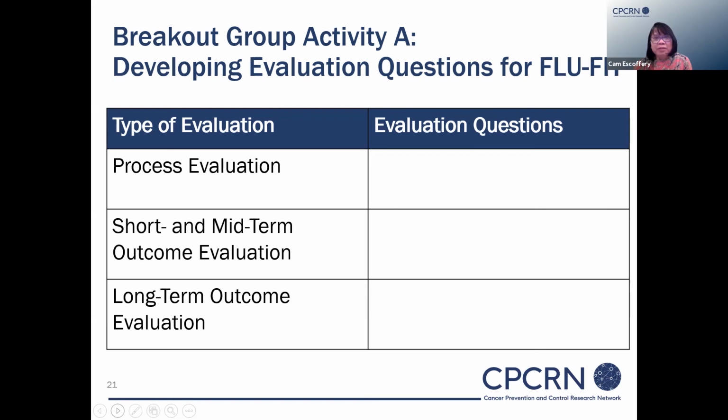So I'm going to give you a minute to get into the different working groups. This was also one of the handouts that you received yesterday. So you can either write down on that handout or on a piece of paper that you have and work within your group to have at least one question in each of the 3 areas over the next 10 minutes.